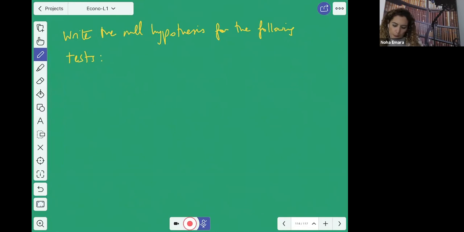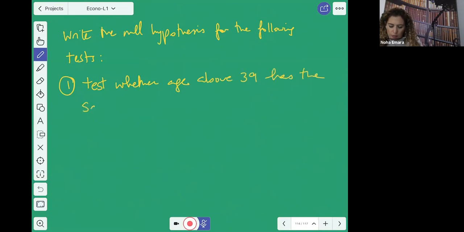Number 1, and this is your homework for next week. I want you to write the null hypothesis for testing whether age above 39 has the same effect as age of 39 or below.